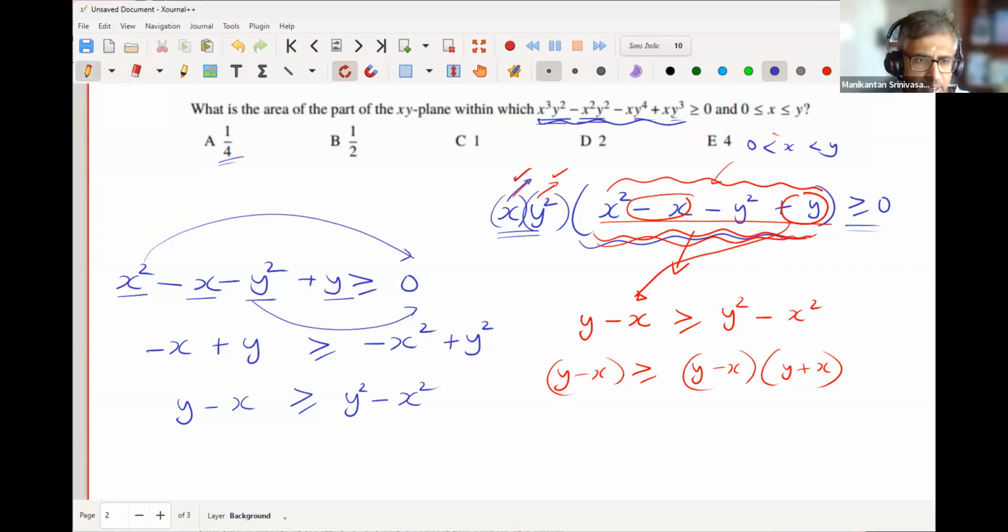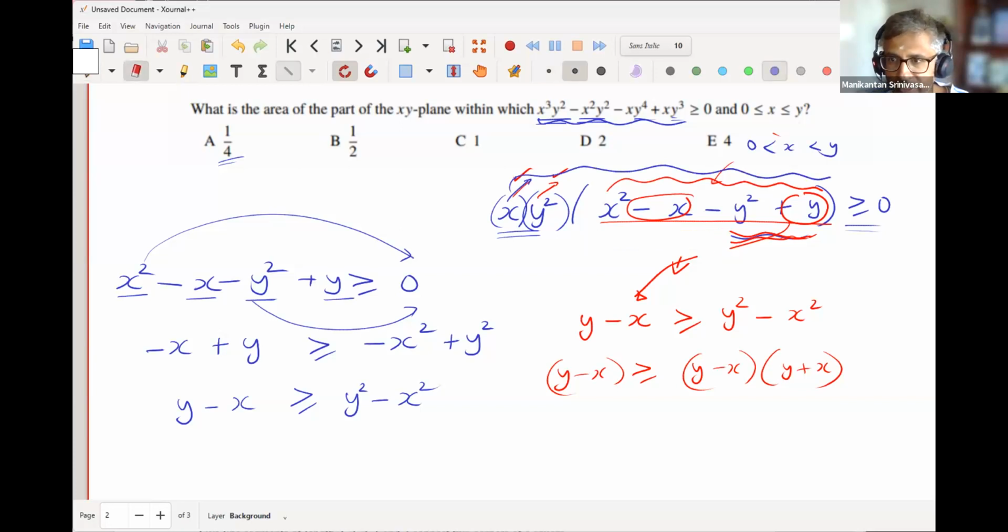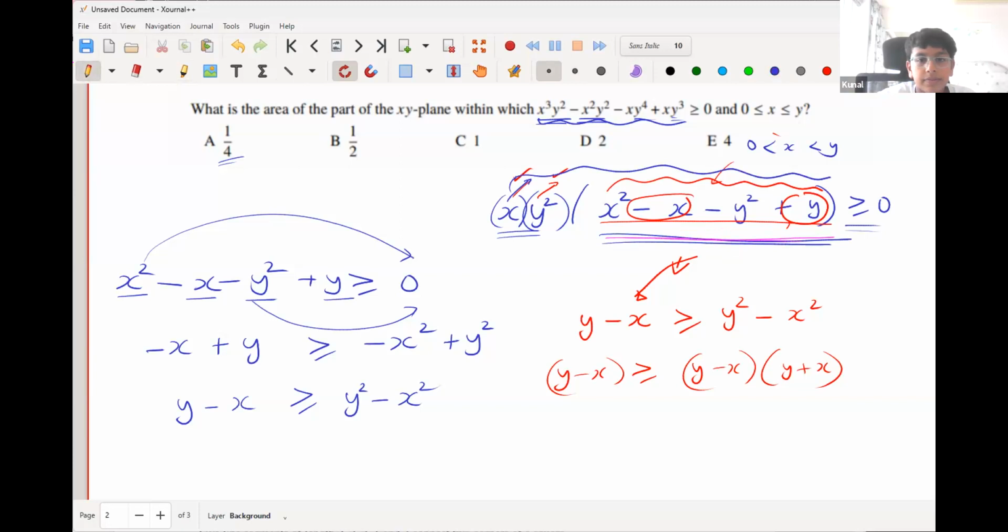It can be positive or it can be 0 also. The original question says it can be 0 also. But either way, it's not negative. And therefore, for the entire quantity to be greater than or equal to 0, it suffices to say that this big chunk should be greater than or equal to 0. Do you agree? Yeah. Okay, that's what I started off with.